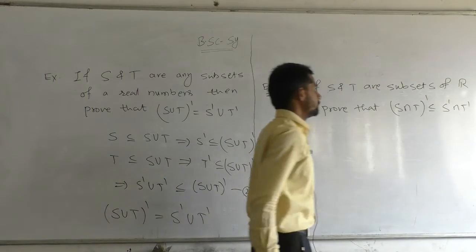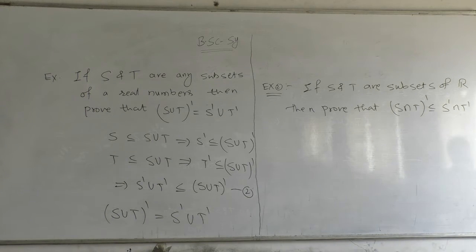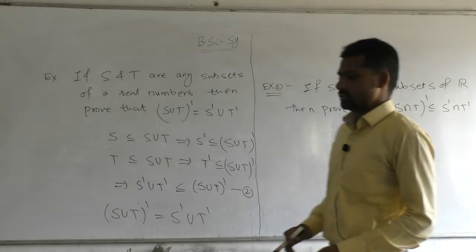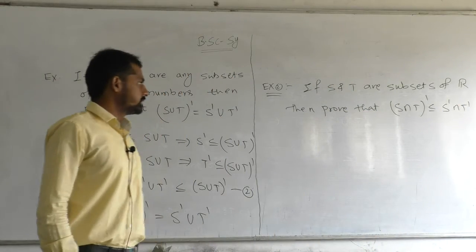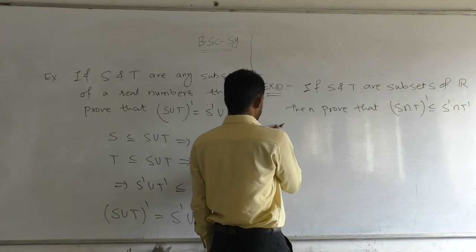That we have to prove. The derived set of S intersection T is a subset of the derived set of S intersection the derived set of T.